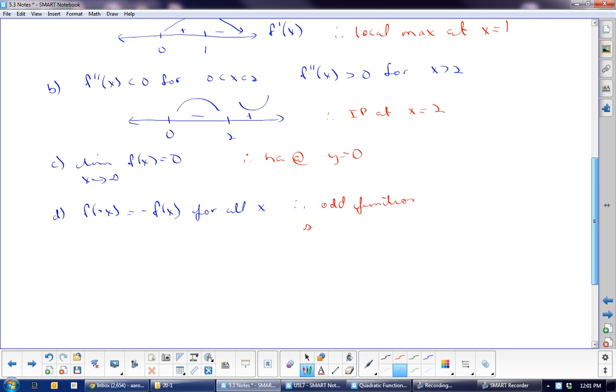So, symmetry about the origin. Odd function. We did notes on that, right? Odd and even functions.